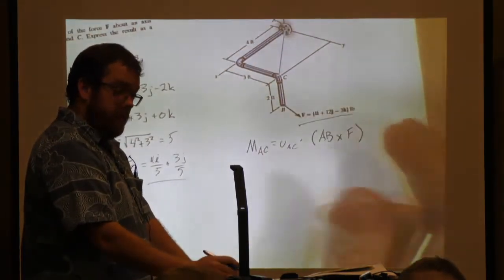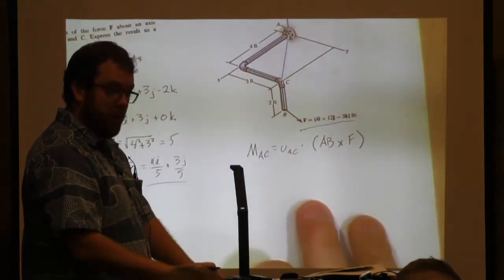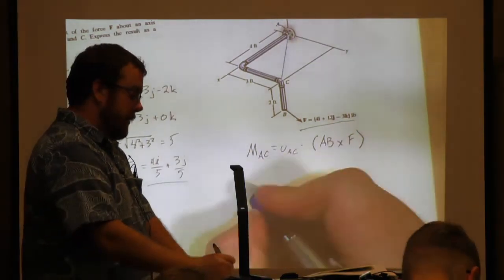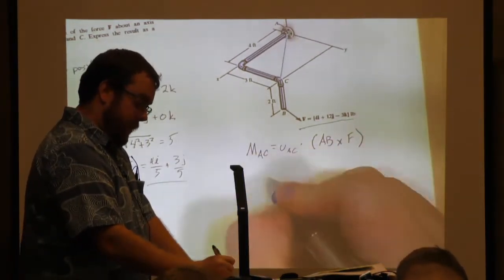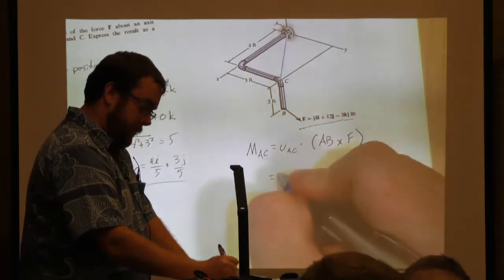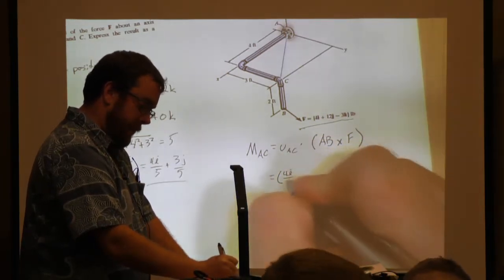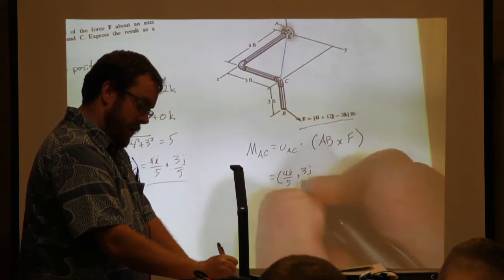I'll be kind, and I will do the cross multiplication for you guys. All right, so from here, our unit vector, obviously 4I over 5 plus 3J over 5.